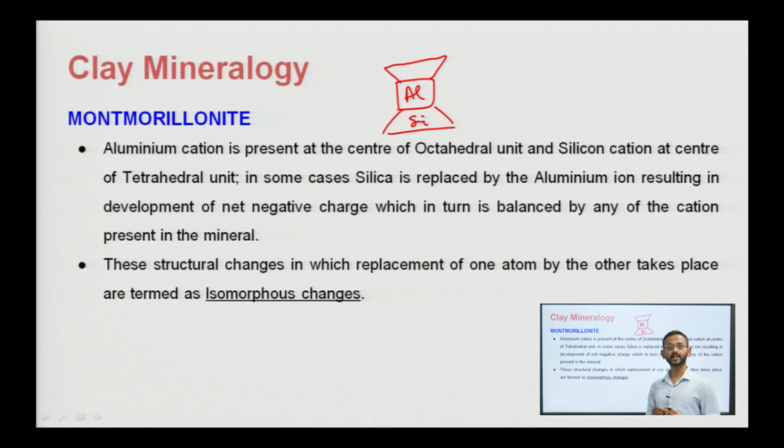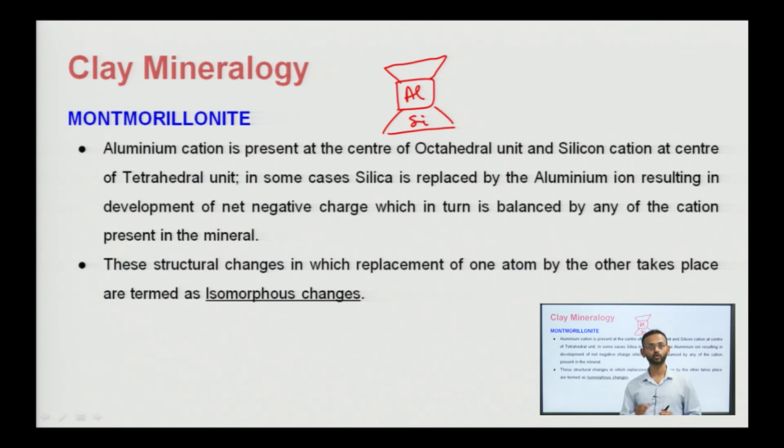In some cases silicon is replaced by an aluminum ion, which results in the development of some negative charge, which in turn is balanced by any of the cations present in the mineral. How this happens, we will be seeing. These structural changes in which replacement of one atom by another takes place are termed isomorphous changes.